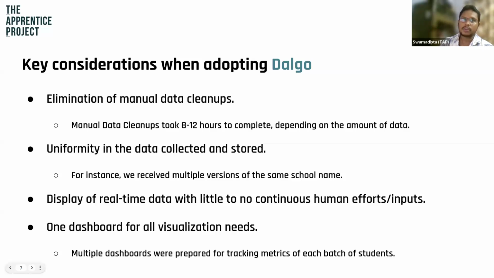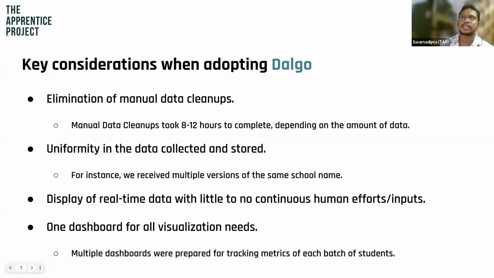Apart from that, uniformity in the data collected and stored is a very crucial thing, I feel, whenever it comes to handling data. One example is when teachers used to enter their school names. While teachers were getting onboarded, we used to ask them to enter their school name. What used to happen is different teachers from the same school entered different versions of the school name.